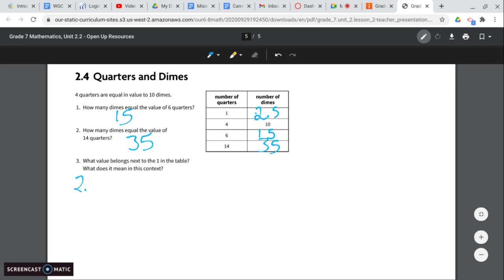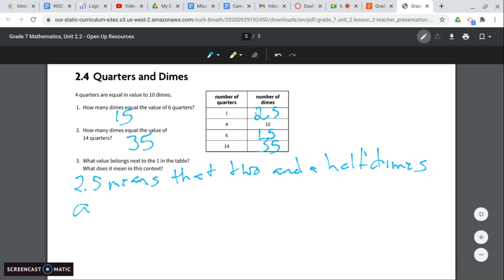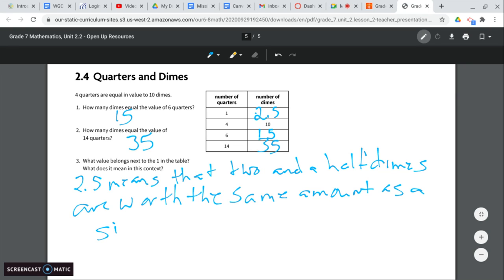So 2.5 means that 2.5 dimes are worth the same amount as a single quarter.